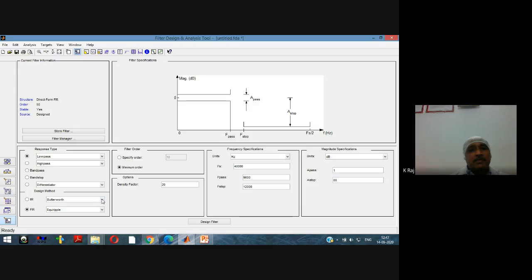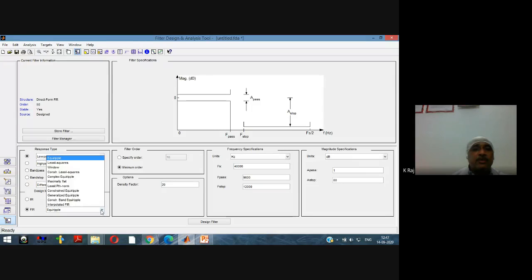Design method means whether we are interested in Butterworth, Chebyshev 1, Chebyshev 2, elliptic, maximally flat, or least square, and these depend upon the type of filter, because we are searching these in the IIR filter.